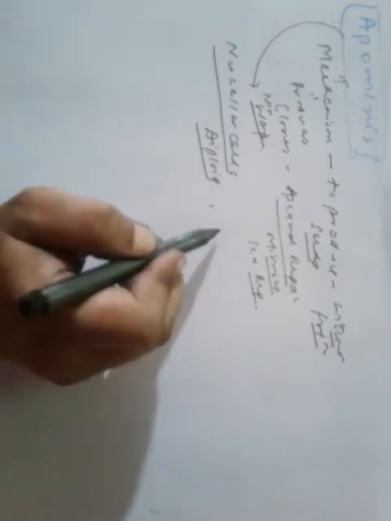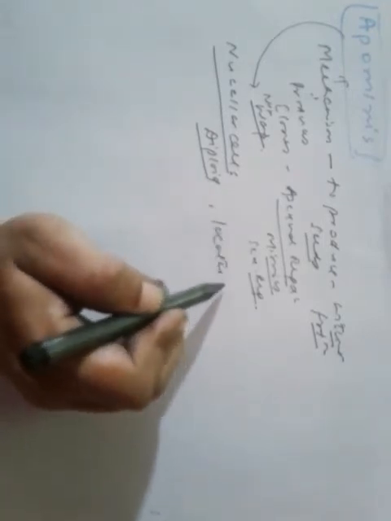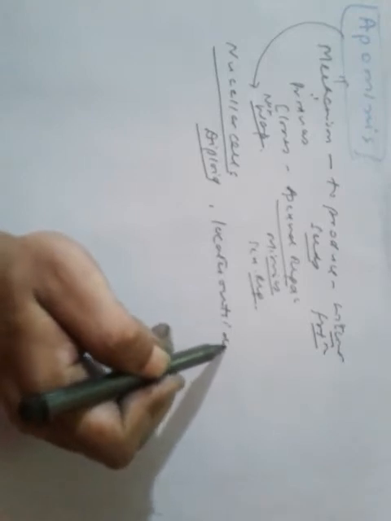Apomixis can occur in a number of ways. Some of them are here. Nucellar cells. What are they? They are diploid, and they are located outside the embryo sac.